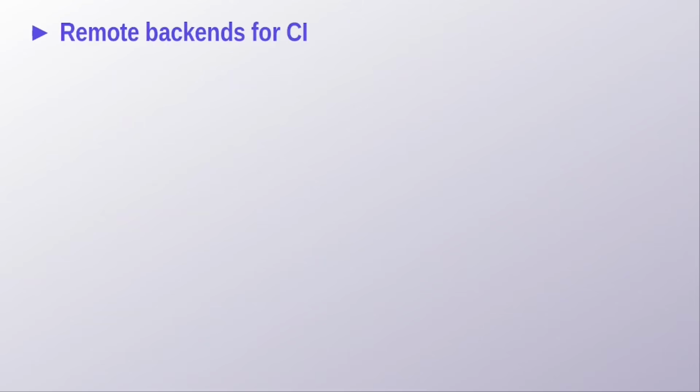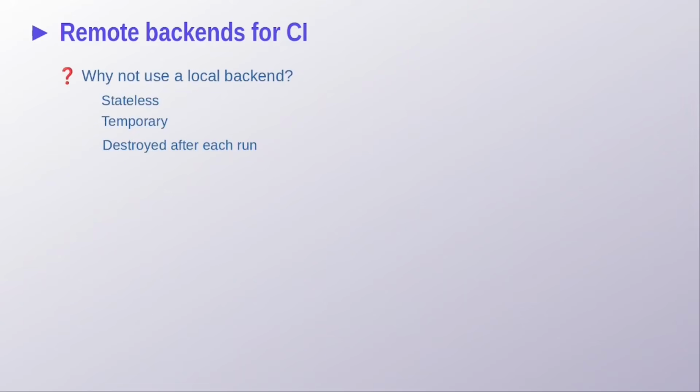Remote backend for CI. Now let's talk about the Terraform state. Why not use a local backend? Because a CI runner is stateless and temporary, destroyed after each run. That means local state is lost. No state sharing, no locking.